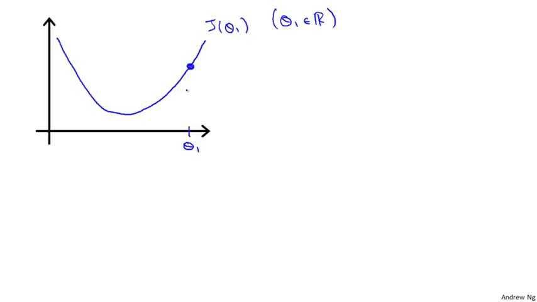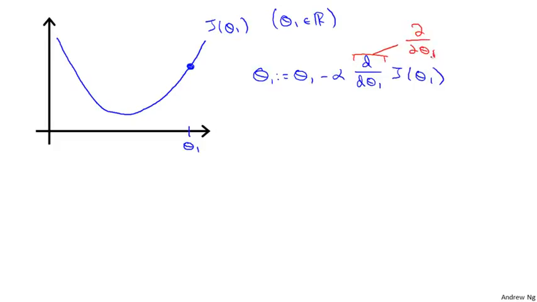What gradient descent will do is it will update theta 1 as theta 1 minus alpha times d/d theta 1 of J of theta 1, right? And as an aside, this derivative term, if you're wondering why I changed the notation from these partial derivative symbols, if you don't know what the difference is between these partial derivative symbols and the d/d theta, don't worry about it.